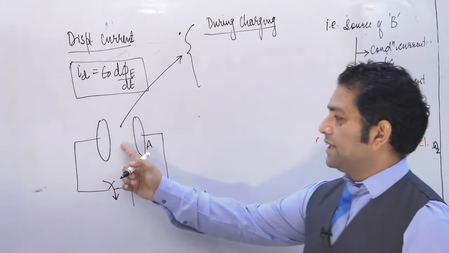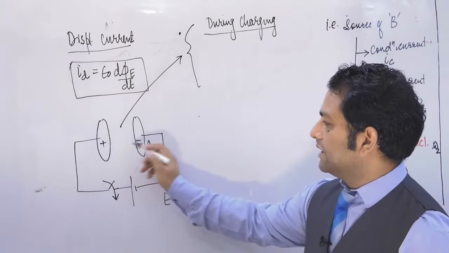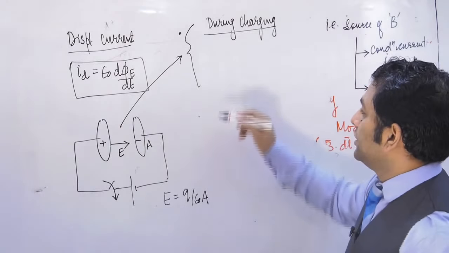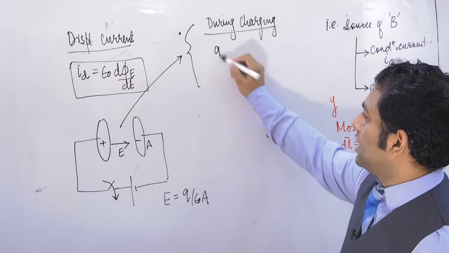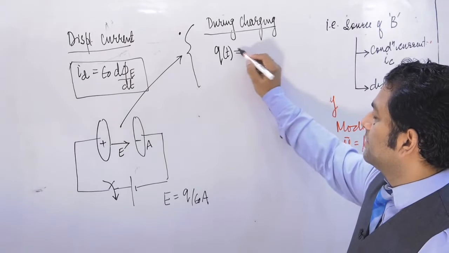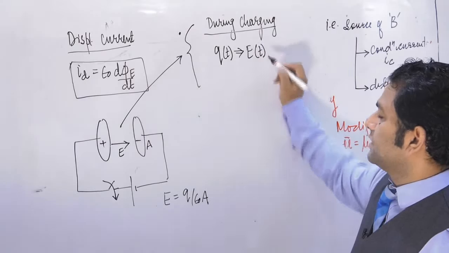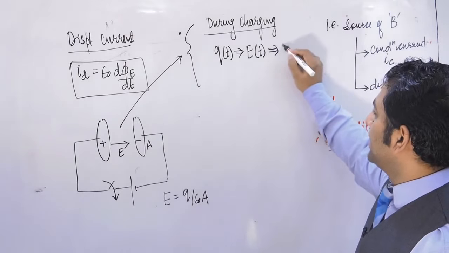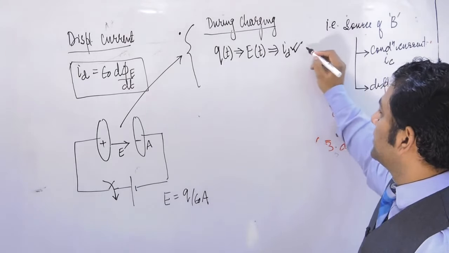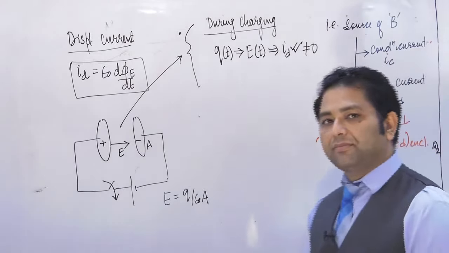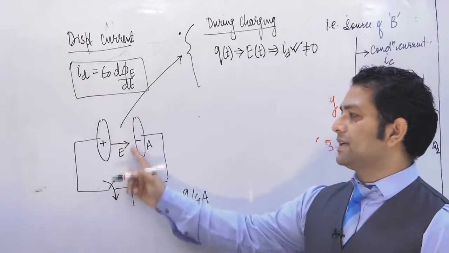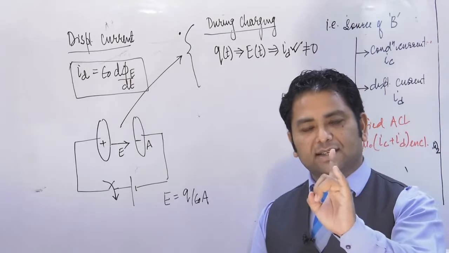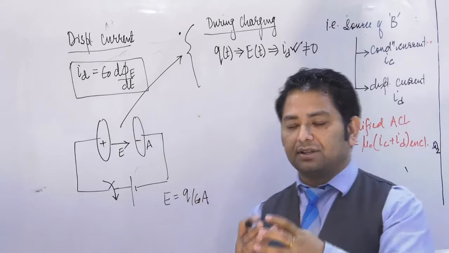So in this particular space, due to the charge here, electric field will be there. And now during charging, the charge is a function of time. It implies electric field is a function of time. If the charge changes, electric field will change. It implies that the displacement current is present, that means non-zero. So we say there is a displacement current here. Now don't expect a physical wire to happen there. As I've already said, it's just a theoretical compilation.